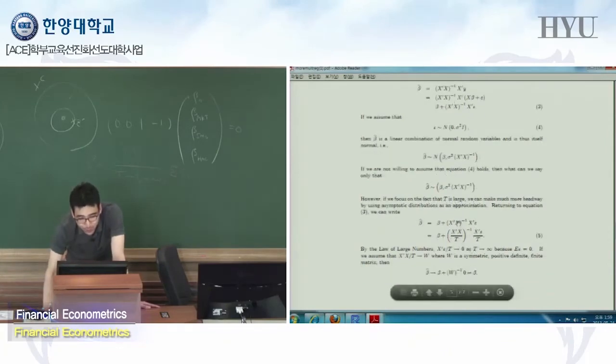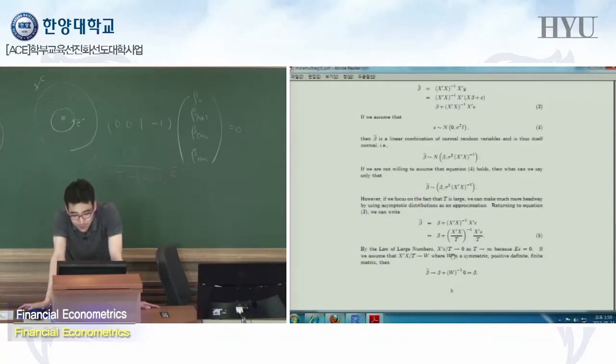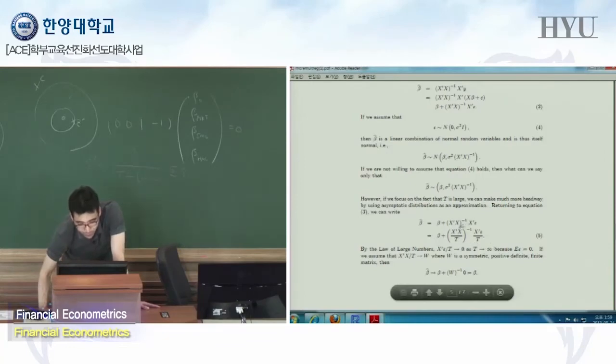We can put T inside the inverse and outside, then those two T's cancel each other out. So beta hat equals beta plus (x prime x over T) inverse times x prime epsilon over T.